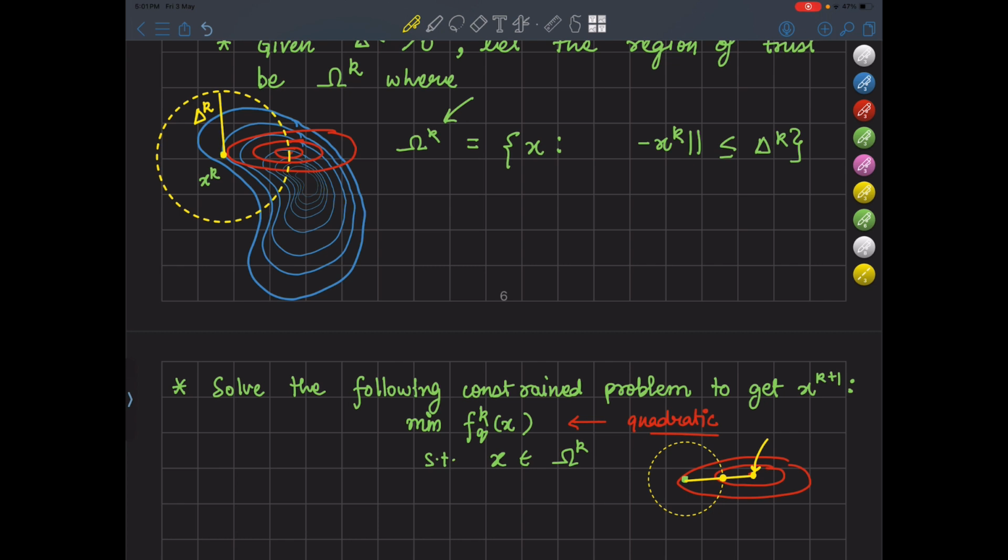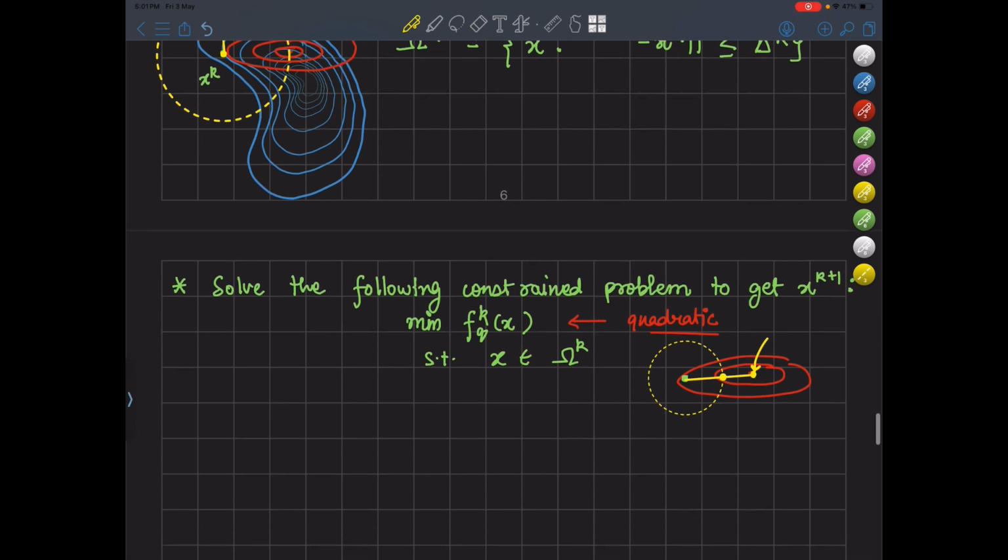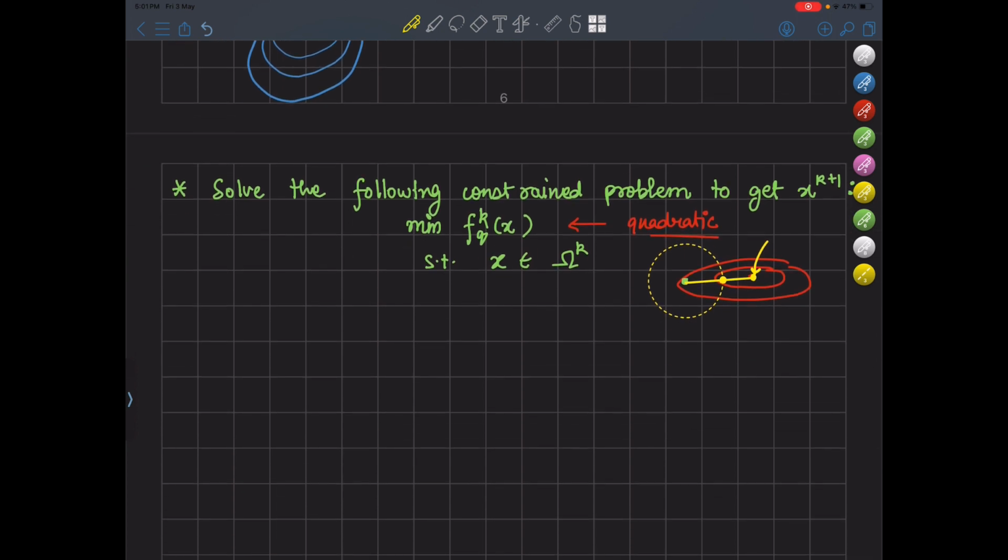This will be the lowest point. You can see it visually also, and think about it, this will be the minimum point for this quadratic function. Even though it's a constrained optimization problem, it is easier to solve. Now once we get the solution xk plus 1, this is how the algorithm will work.